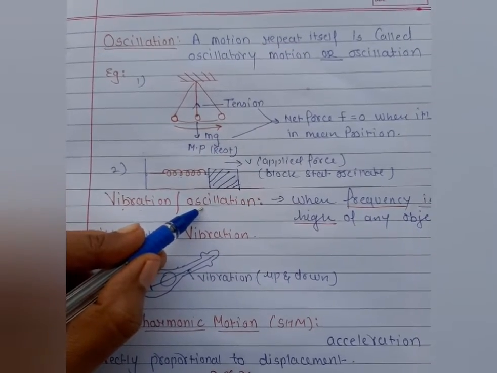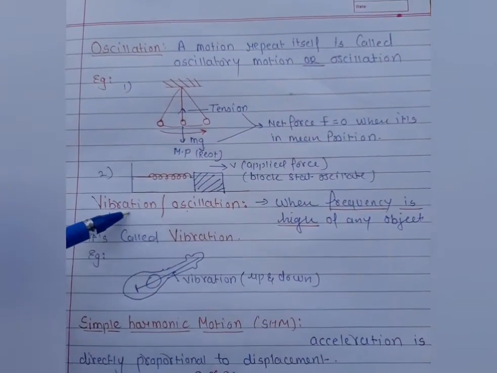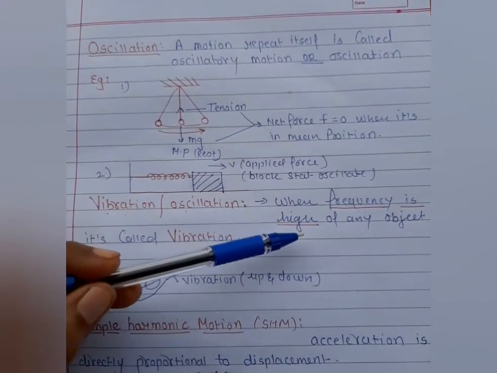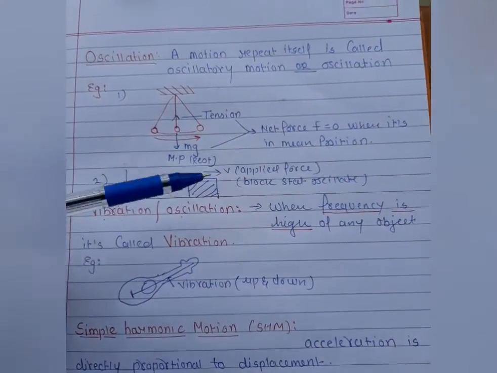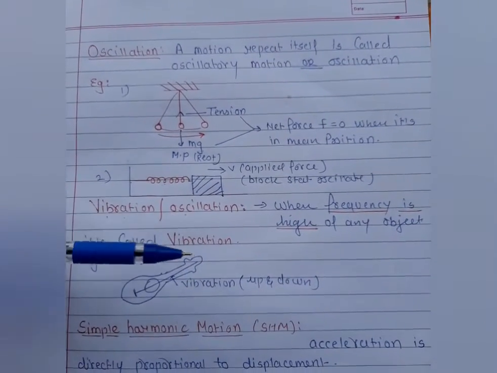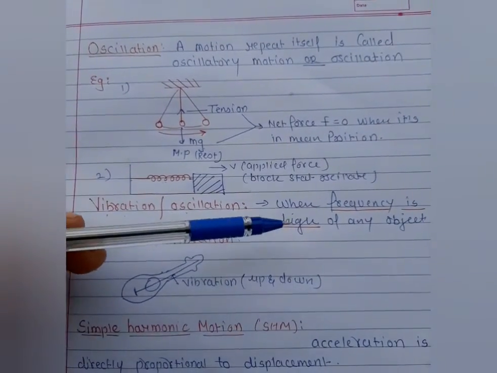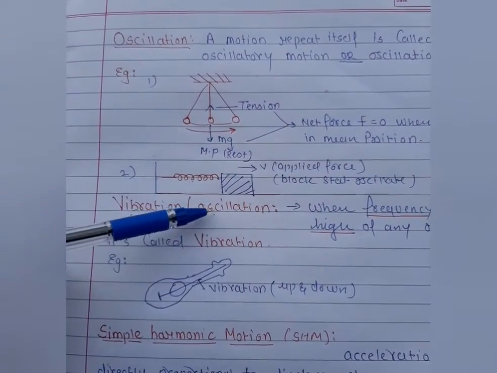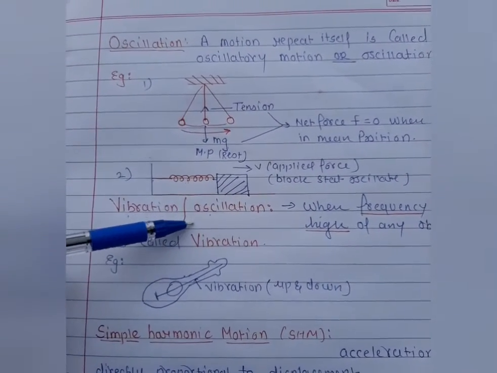Vibration happens in the case of oscillation when the frequency of an object is high. If we consider any object or example where the frequency is high, that condition is considered a vibration, and technically it is similar to oscillation.